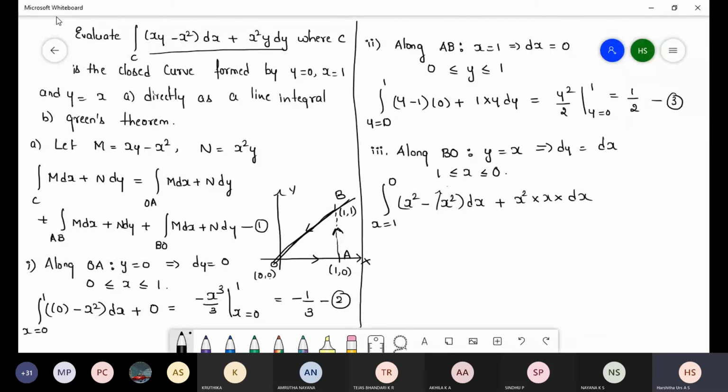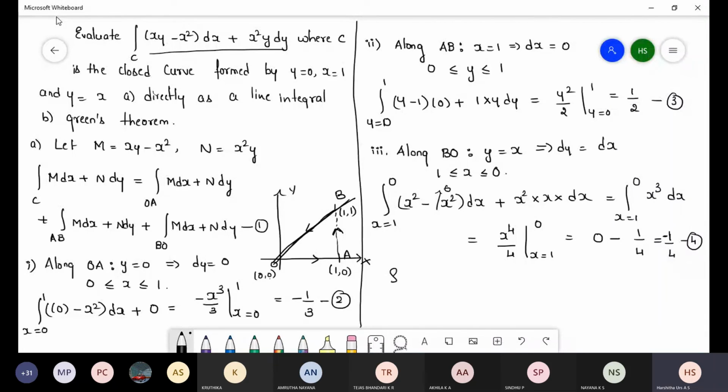So the first term completely becomes 0. Remaining, x is equal to 1 to 0, x cube into dx. So we get integration x power 4 divided by 4, x is equal to 1 to 0. Upper limit 0 minus lower limit 1 by 4. So the value is minus 1 by 4. Call this equation 4.